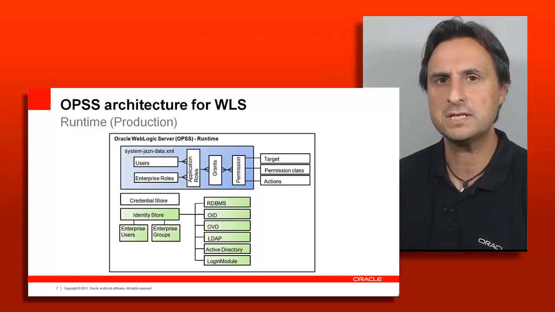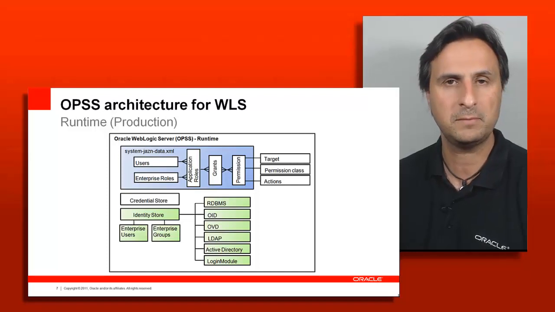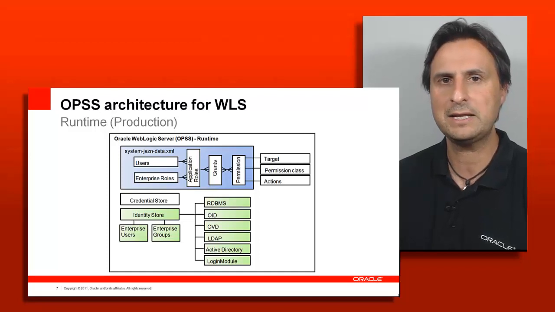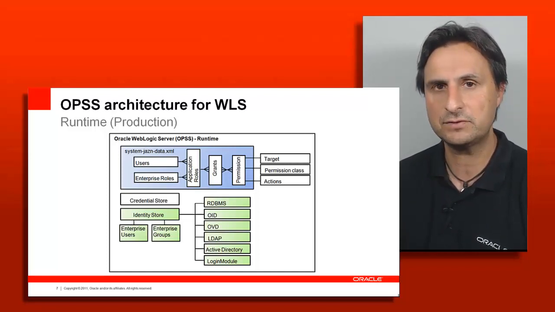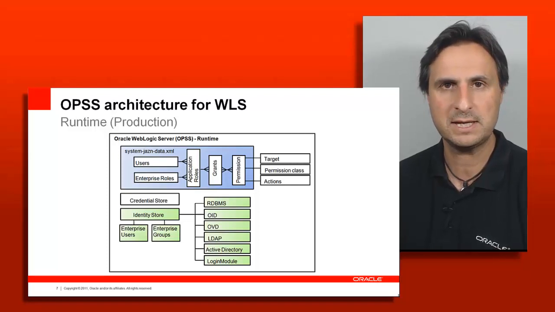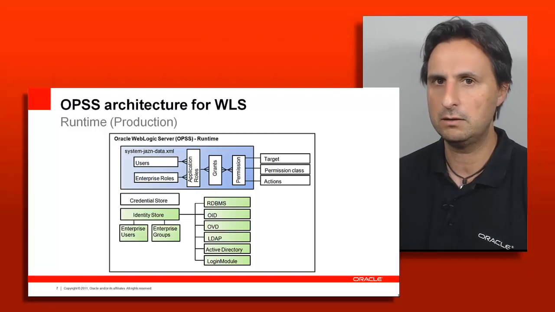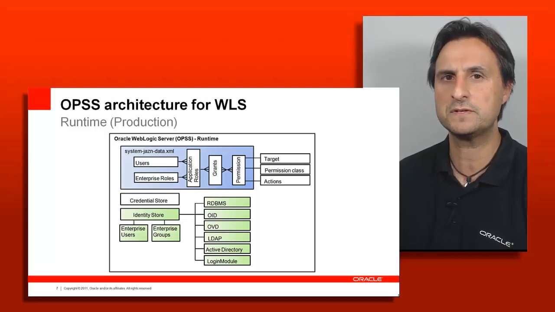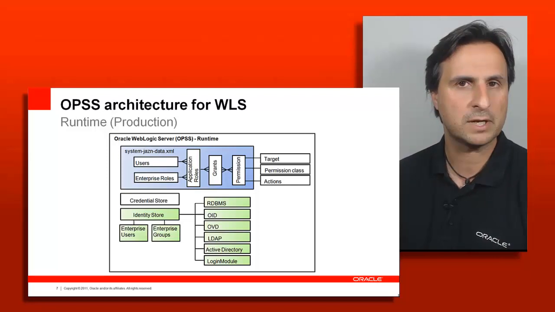Now, nothing of these really needs to be coded in ADF. It's all part of WebLogic Server. So if you have WebLogic Server set up to authenticate against Active Directory, then ADF authenticates against Active Directory indirectly through OPSS. So we're leveraging an identity management system, and we are sure that at least for larger companies, you will have some sort of serious identity management system in place that you configure with the production servers.